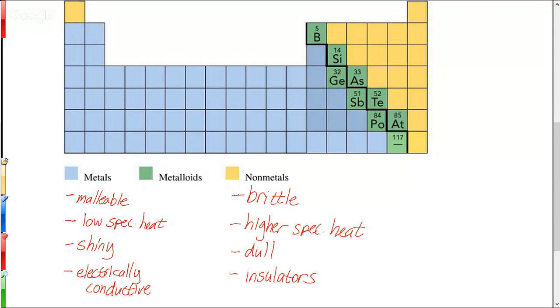All right, so if you need to place an element or classify an element as either a metal or a nonmetal or a metalloid, how would you do it? Like if I throw one out there, like sulfur, S, and you didn't have this nice color-coded chart, how could you remember which ones are which?